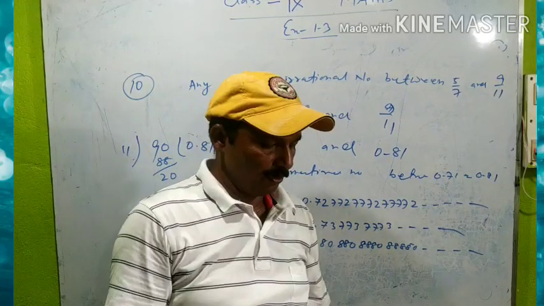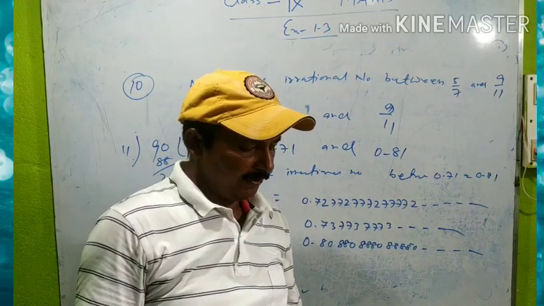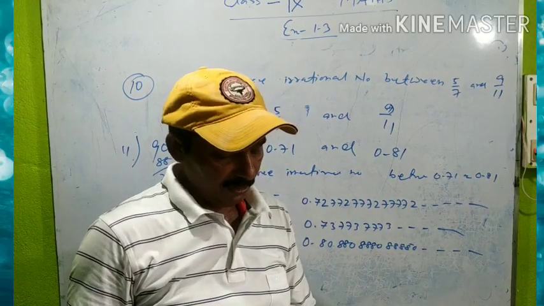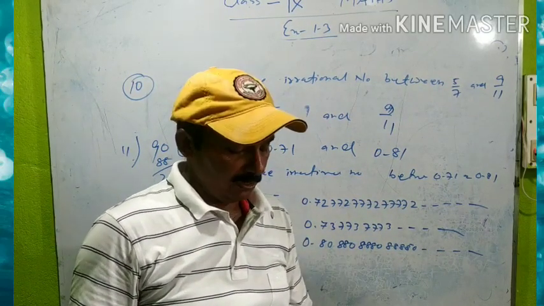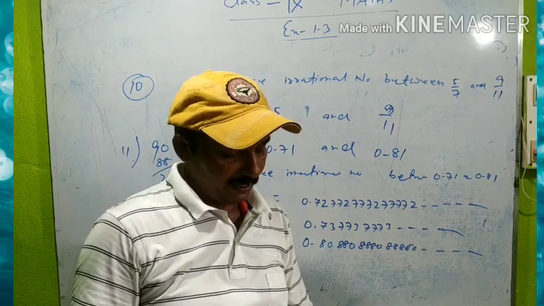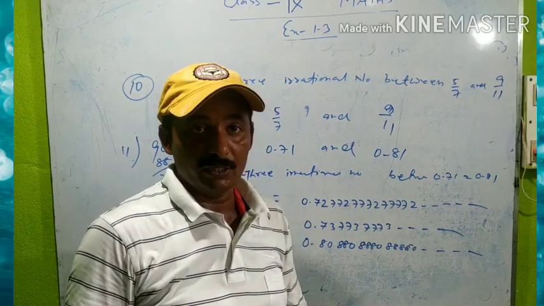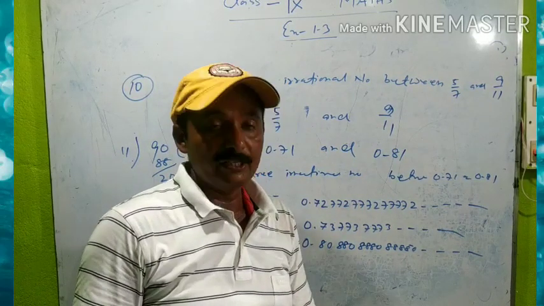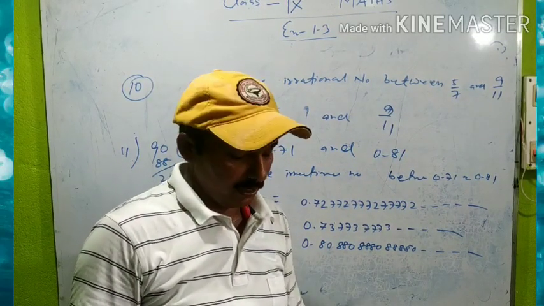And question number 11: classify the following numbers as rational and irrational. First number, it is not a perfect square, so it will be an irrational number. Second number, 225, is a perfect square, its square root will be 15, so it is a rational number. Third one is a terminating decimal, so rational number.